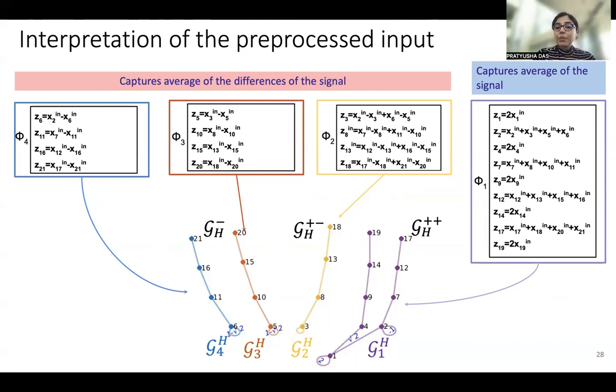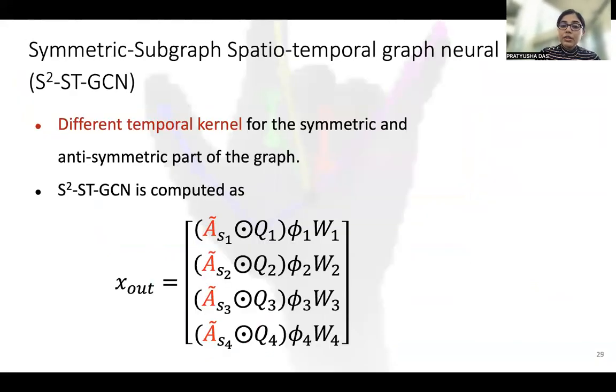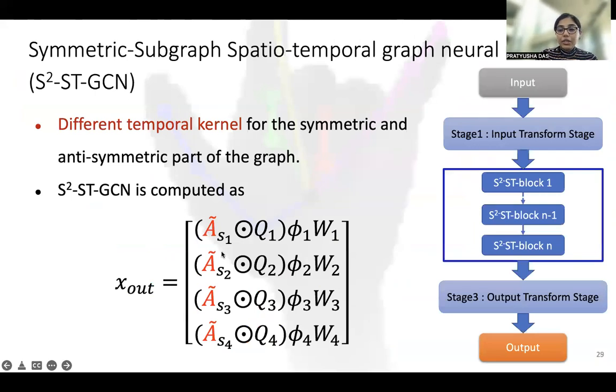So if we use a separate temporal kernel for each of the symmetric and anti-symmetric parts, then we will be able to capture much more useful information. And we are using that idea to design the symmetric subgraph spatio-temporal graph neural network. So we decompose it, use a separate temporal kernel, and at the end we concatenate all of the features.